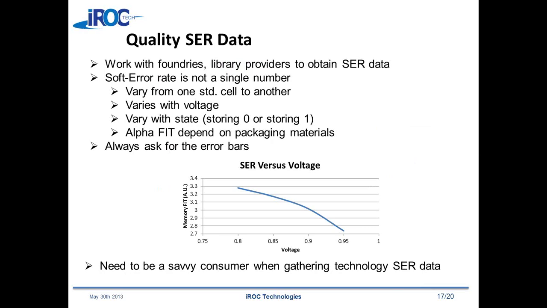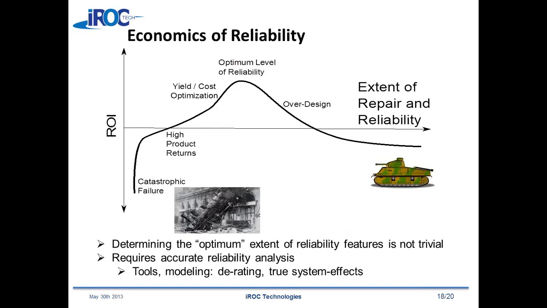So this SER data analysis sounds horribly complex and maybe expensive. Is it just something I can ignore, or is it really worth investing in this kind of analysis? Is it something I really need to do? That's a key point. I think people need to think carefully about the economics of reliability.